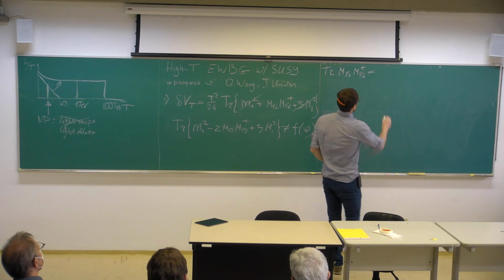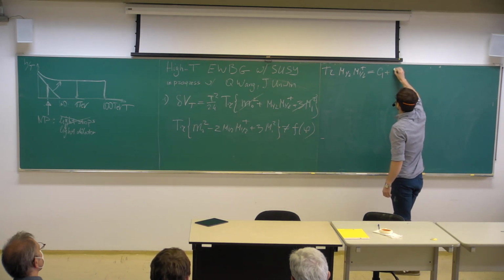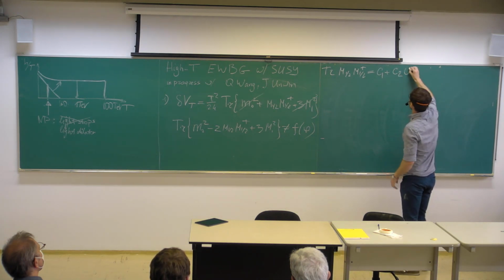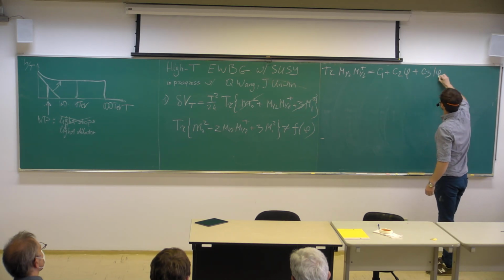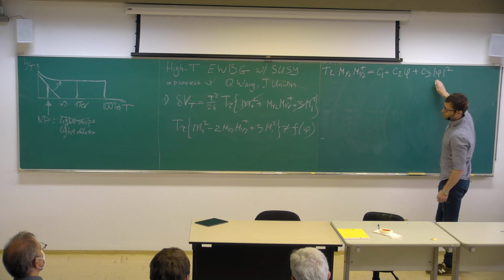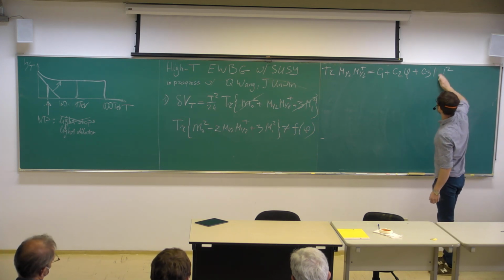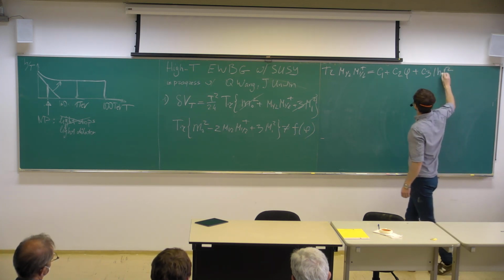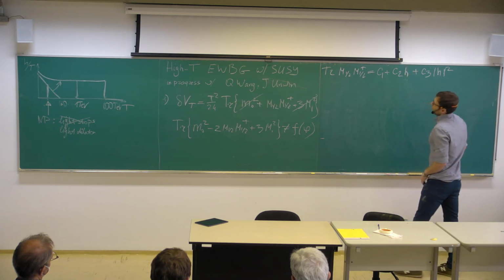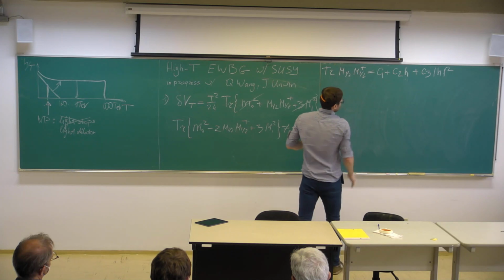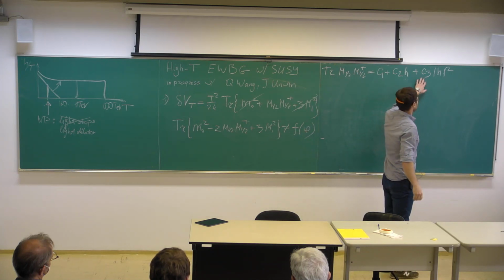So this thing is something like some constant plus some other constant times phi plus a third constant times phi squared. So phi is the scalar. Let's do the Higgs. So this is positive or 0, so this coefficient has to be positive or 0.